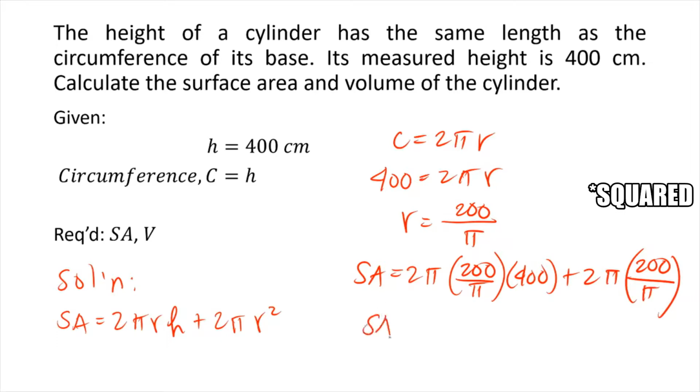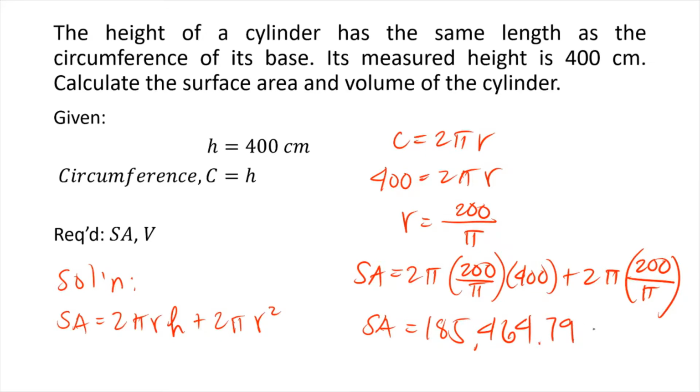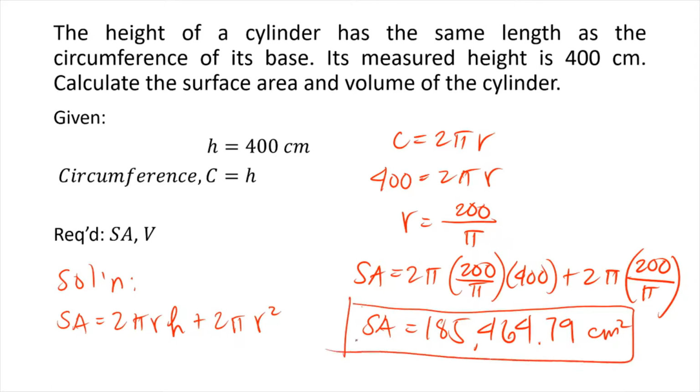So the surface area now is equal to 185,464.79 centimeters squared, or square centimeters. This is now our surface area.